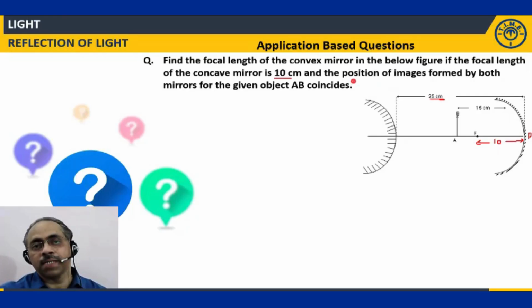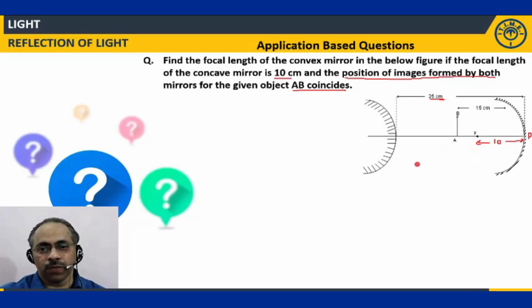The important information given here is that the positions of the images formed by both mirrors for the object AB coincide. This implies that whatever the position of the image formed by the concave mirror, at the same position we have the image for the convex mirror also.